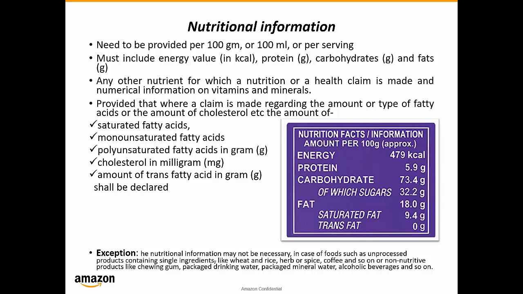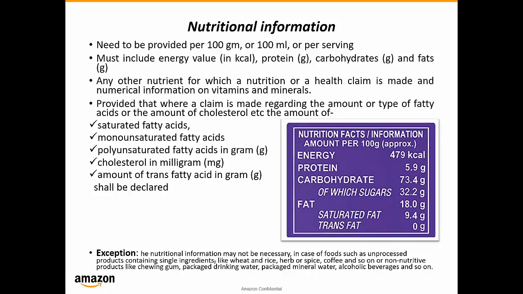Now it must include energy, which is calorie value, and it should be in kilocalorie. Protein should be in gram. Carbohydrate should be in gram. Fats should be in gram. If you see the example in the blue label, energy is written in kilocalories, protein in gram, carbohydrate in gram, fat in gram. Now, fat has further divisions.